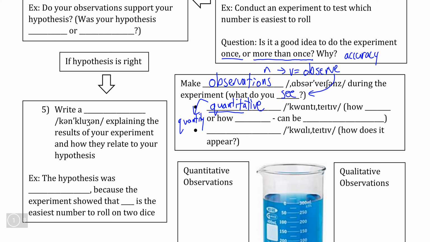When you're describing a quantity of something, you're describing how much of something you have or how many of something you have. The point being that if you can count or if you can measure an observation that you're making, you are making a quantitative observation.